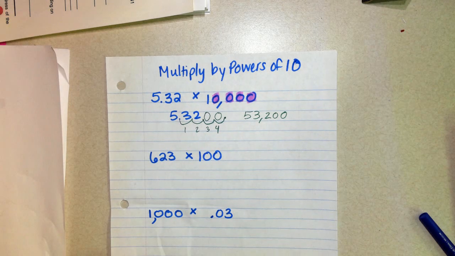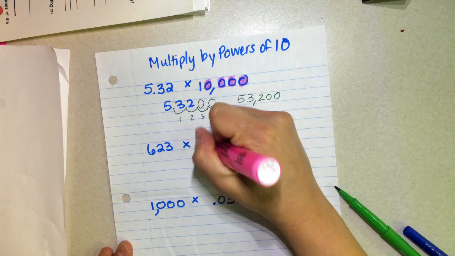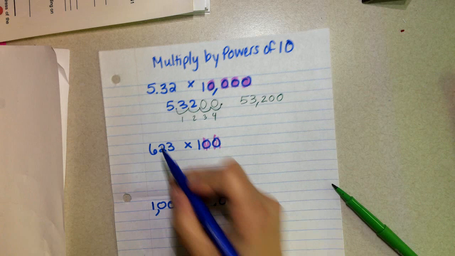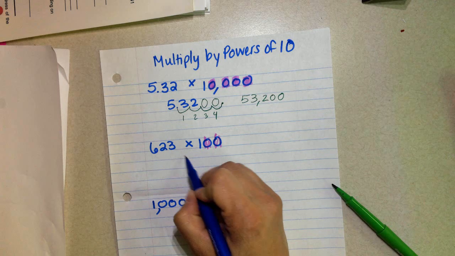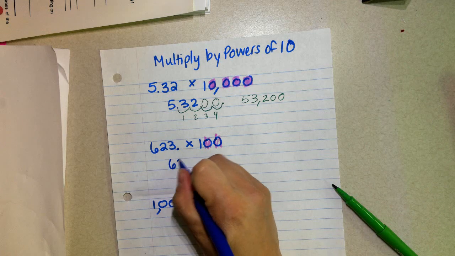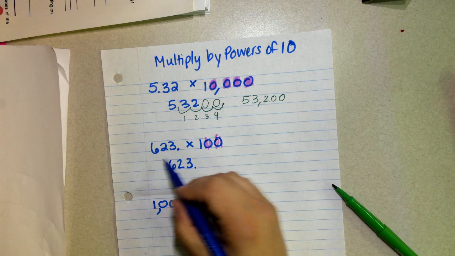Okay, let's look at this one. How many zeros are there? There are 2 zeros. Now remember, in a whole number, where would my decimal be here? Well, think of it like $623. My decimal would be right here. So I like to rewrite my number with my decimal. I've got 2 zeros, which is going to make this number bigger.